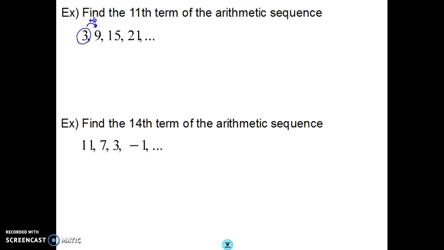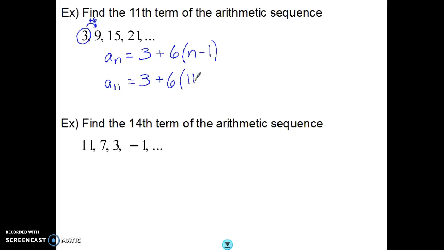We could check that. So now we go ahead and fill in the blanks. a sub n is equal to a sub 1, which is 3, plus the common difference, which is 6, times n minus 1. Now to find the 11th term, to find a sub 11, we just fill in that one last missing variable, which is n.